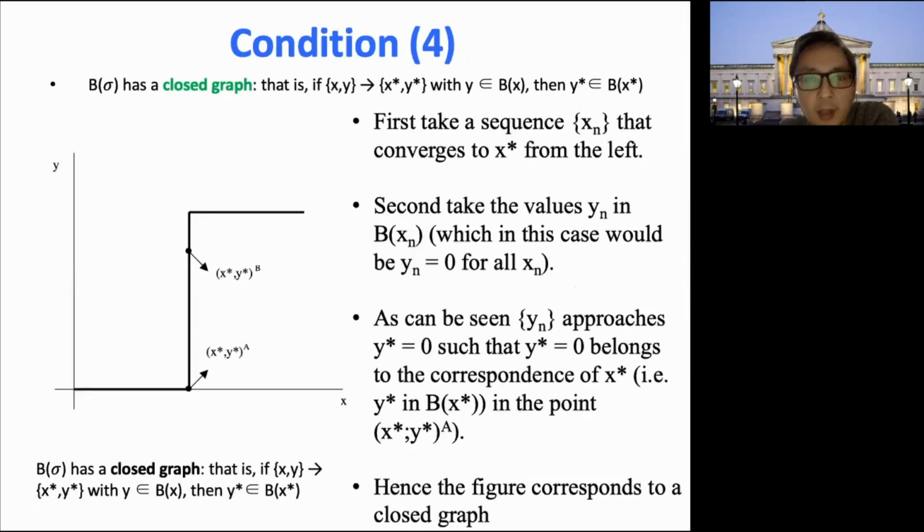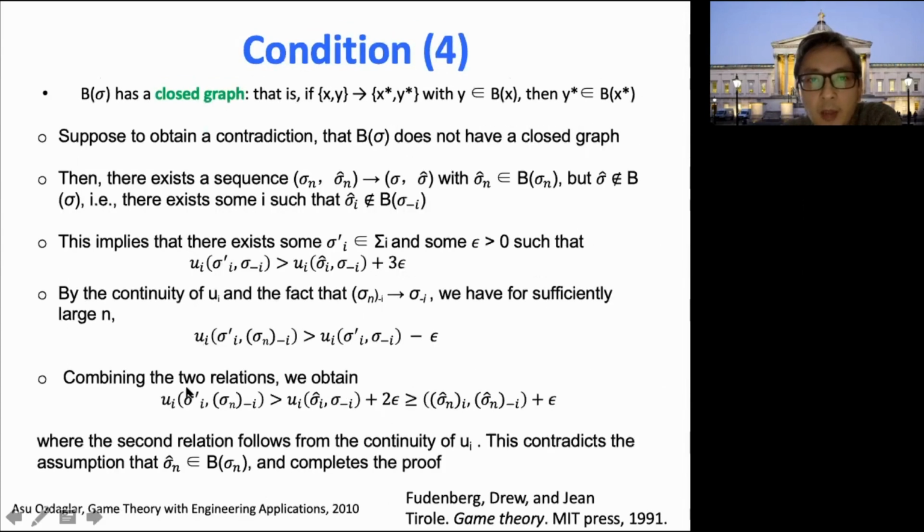You can visually see that if this converges to this point, and all these things belong to this best response set, this point also belongs to it. So that's basically what this condition says.